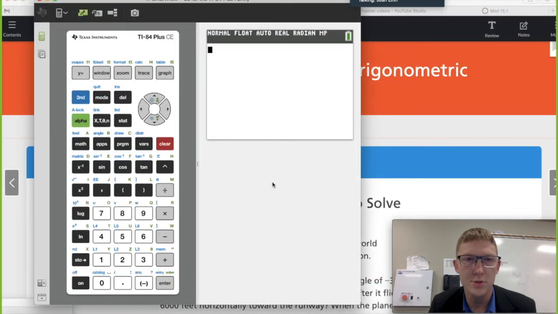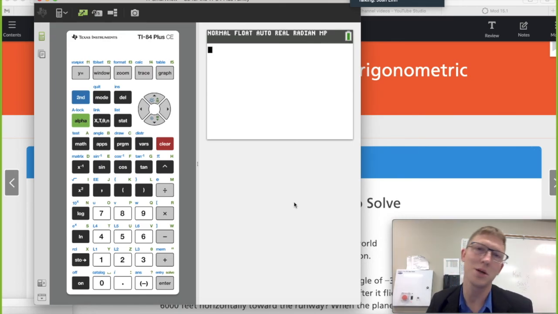So I told you that it's important to know how your calculator works, right? Well, I had to go look it up because I couldn't remember. But this is how most of your graphing calculators should work, to be able to change the trig functions to be either working in degrees or radians.